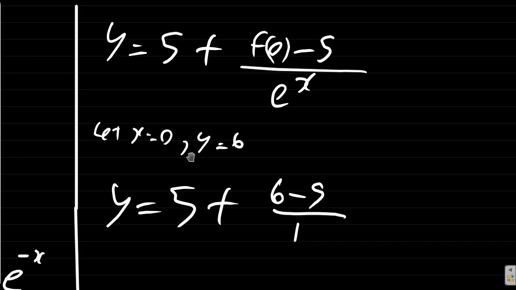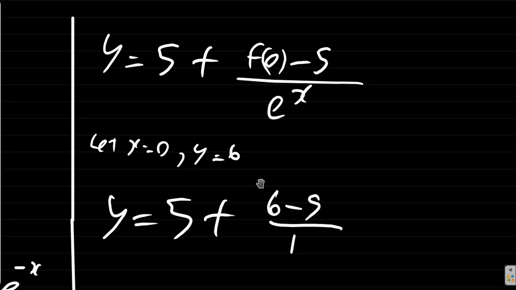Now, here, what we have is that this would be y of 0, so this would be equal to 5 plus 6 minus 5 is 1, 1 over 1 is 1, which is equal to 6.